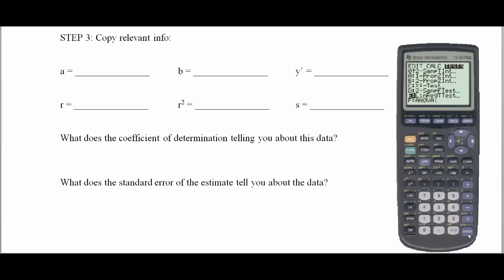Newer calculators will have more options, but this is the one you want. Hit Enter. Now, you want your X list to be list 1, Y list to be list 2, and the frequency should be 1. Highlight not equal to 0, just because this is a two-tailed test. It won't actually change what we're going to be looking at, but it's good practice. Then go down to Calculate and hit Enter one more time.